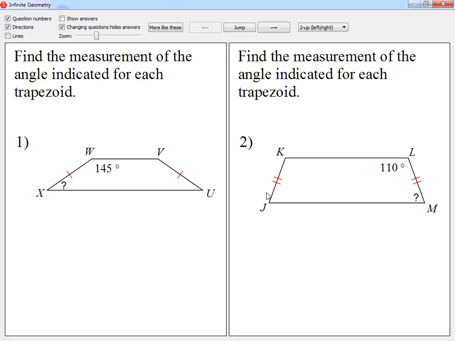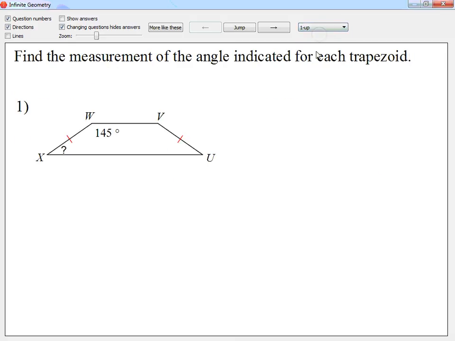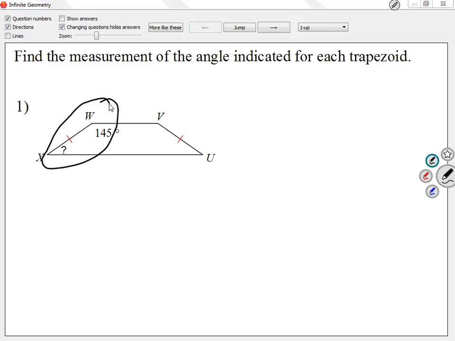Now looking at this, as a reminder, the first 4 questions deal with trapezoids. Find the measure of the angle indicated for each trapezoid. All the trapezoids are standing up on a base, so 2 angles on the same side, either the left or the right, add up to 180. For the question mark, since I don't know how big it is, let me call it x, just to give it a name.